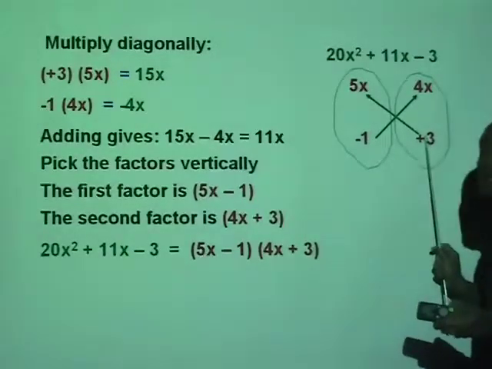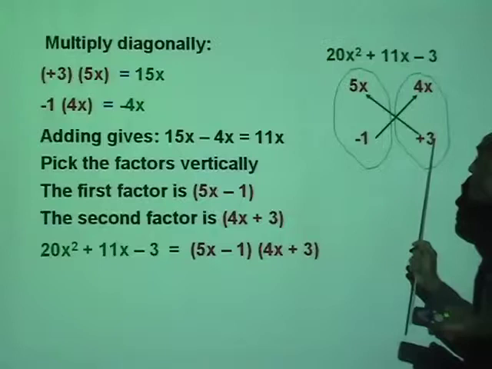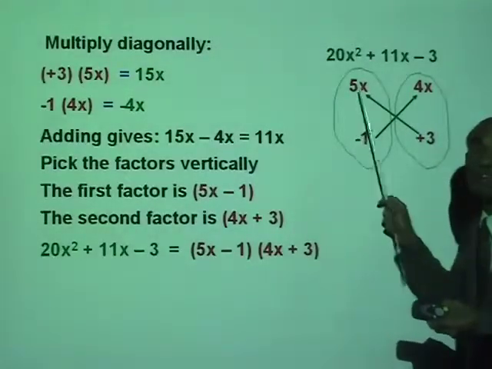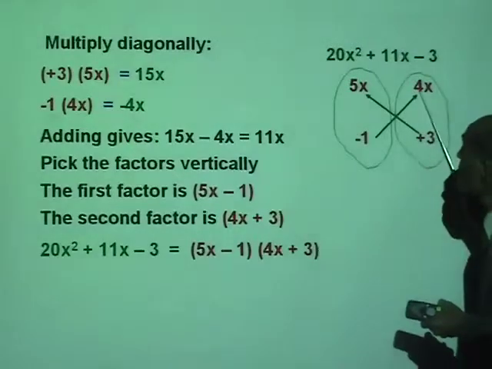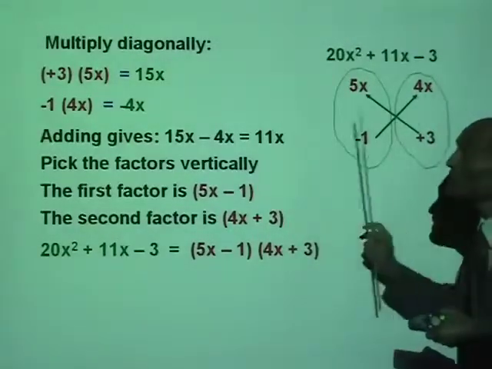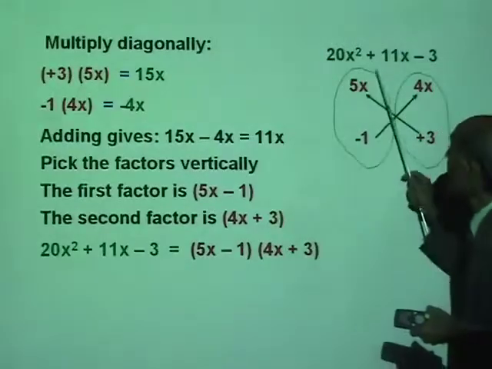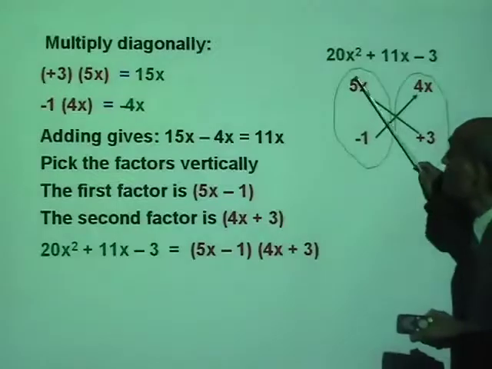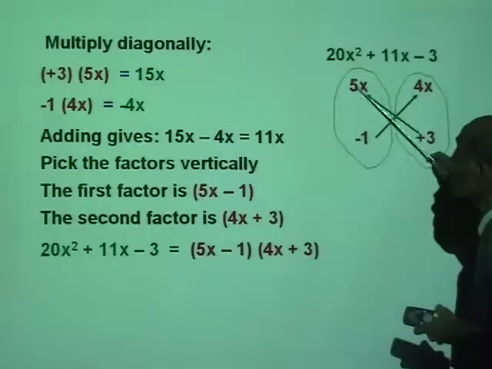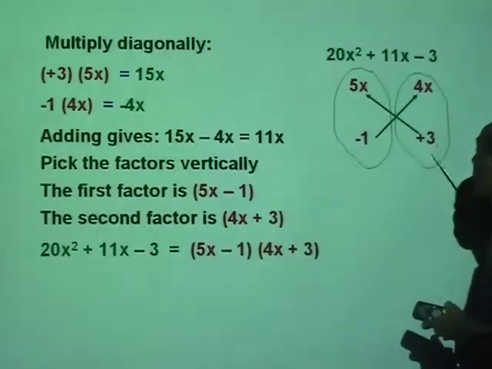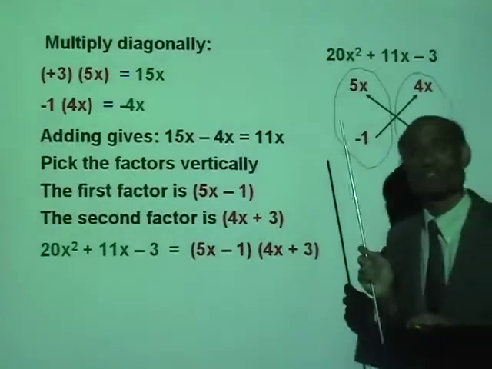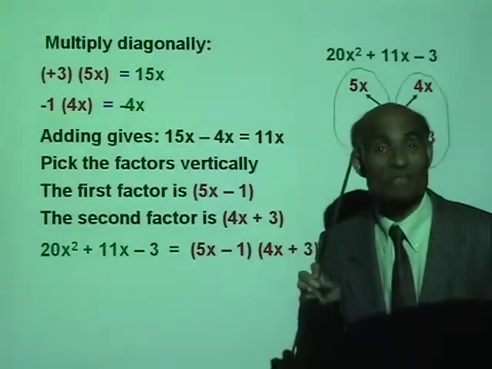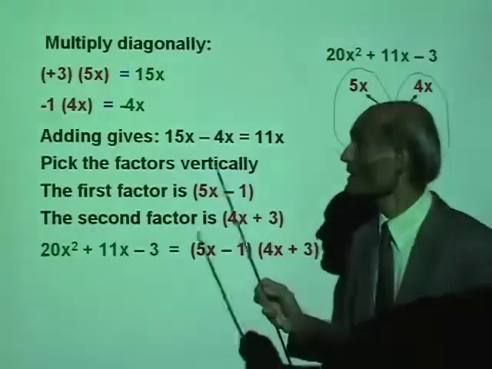And I wrote them in such a way that I multiplied 3 times 5x to give me 15x, and negative 1 times 4x to give me negative 4x. Adding the two gives me the positive 11x. And I picked the factors as 5x minus 1 times 4x plus 3. So factoring trinomials is actually simple, provided you think the right way. Let's do another one.